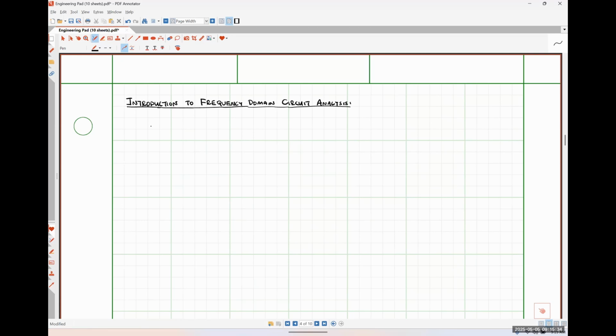So what Euler found was that if I have the exponential of e to the j omega t plus some phase angle theta, that is the same thing as cosine omega t plus theta plus j sine omega t plus theta.